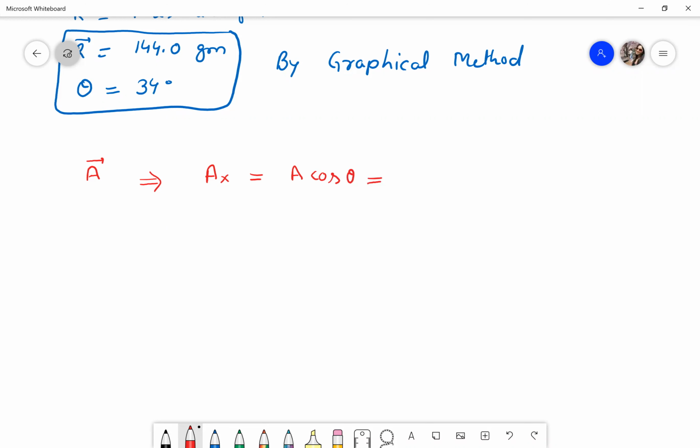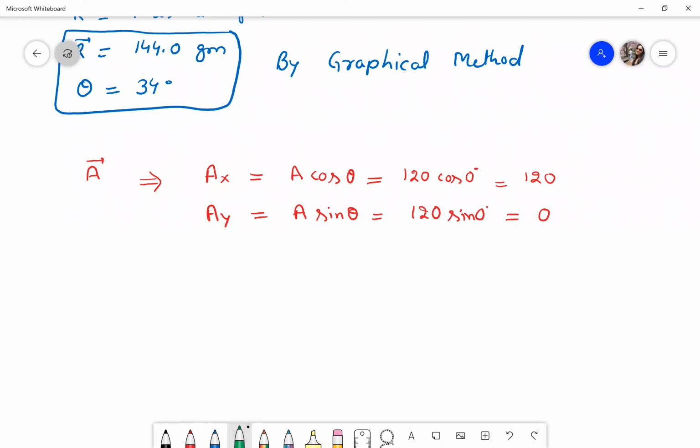The A magnitude is 120, acting at an angle 0 degree. So cosine of 0 is 1, and this whole thing will be equal to 120. Its second component, A of y, is A sine theta, so that is 120 sine of 0 degree, which is equal to 0.